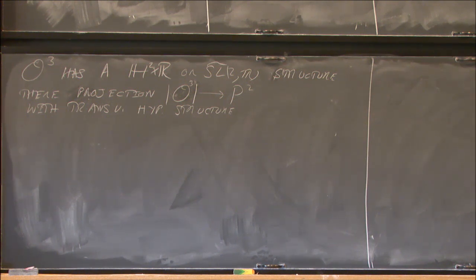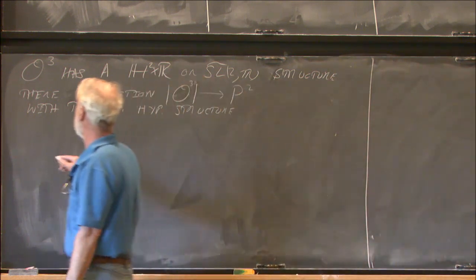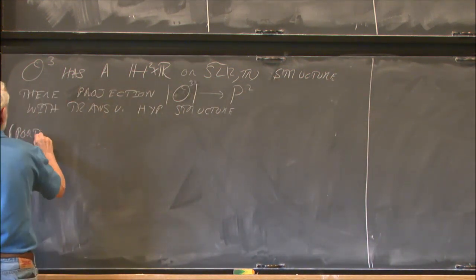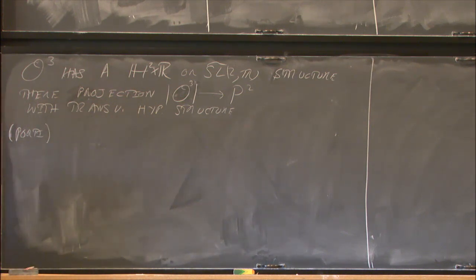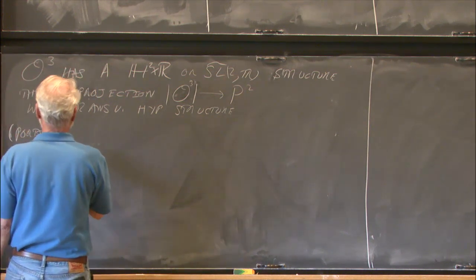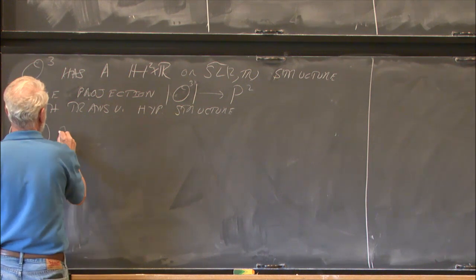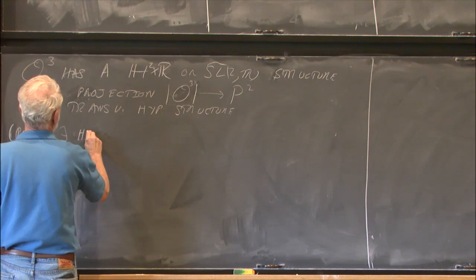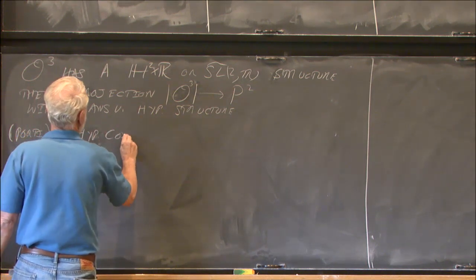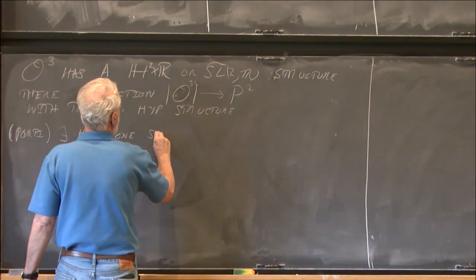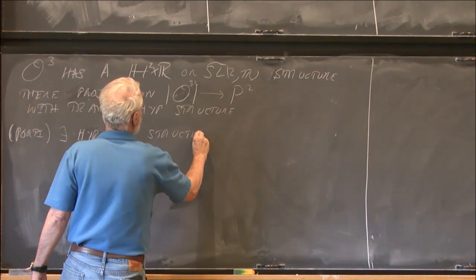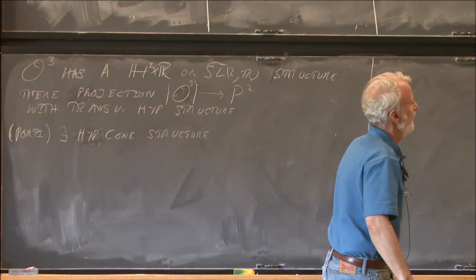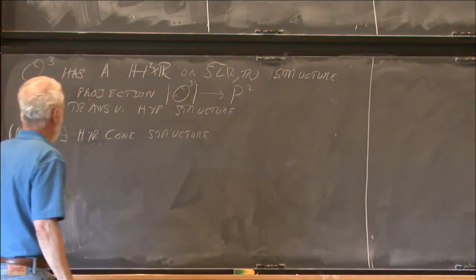Okay. So in a very pretty paper, Joan Porty proved the following, that there exist, again, hyperbolic cone structures, which again, the local models around the edges are the same as they were over here, and you can kind of guess what they would look like at the vertices.